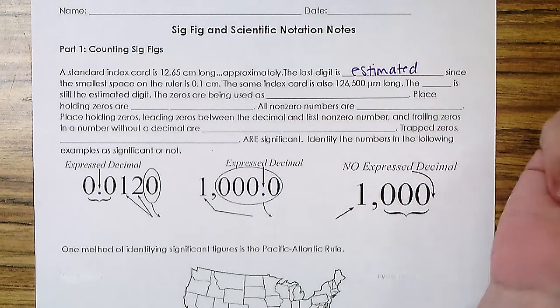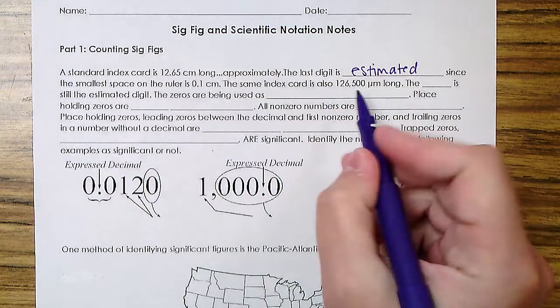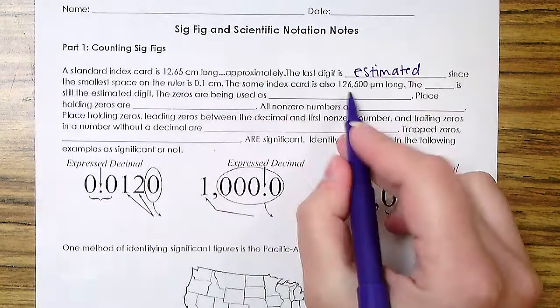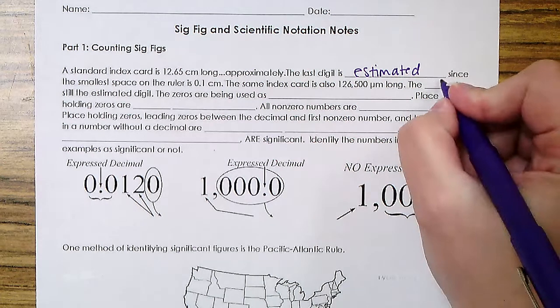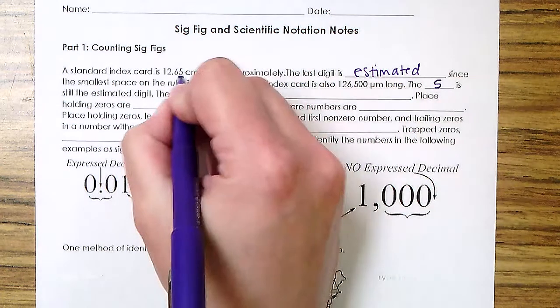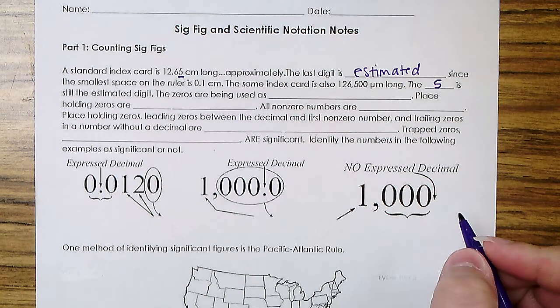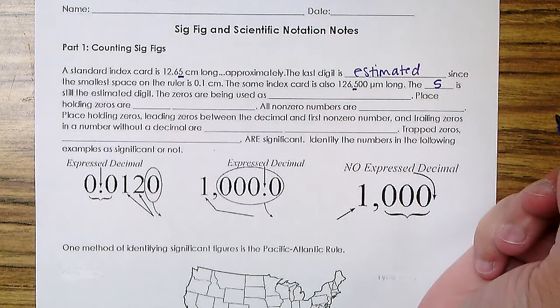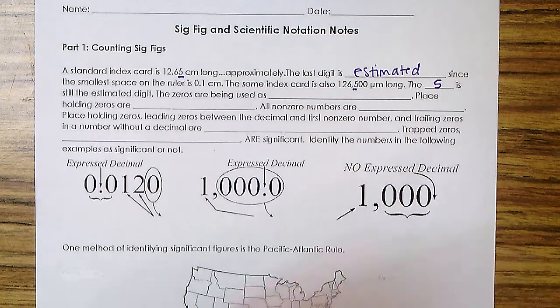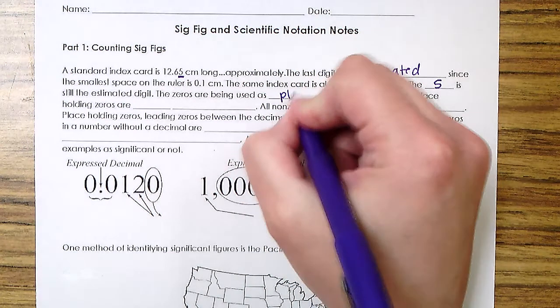And I could use a metric conversion and change this number into this number. Okay. The 5, that last number right here, is still the estimated digit. So just because we added these zeros, that 5 is still estimated. The zeros are being used as what we call placeholders.